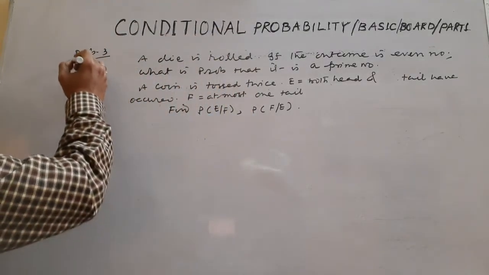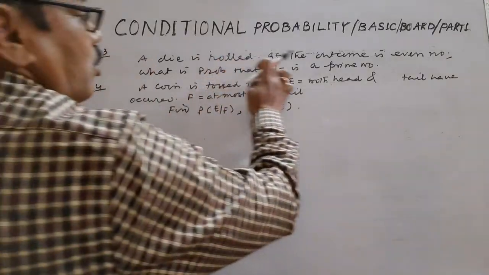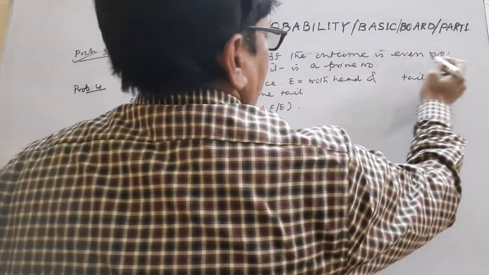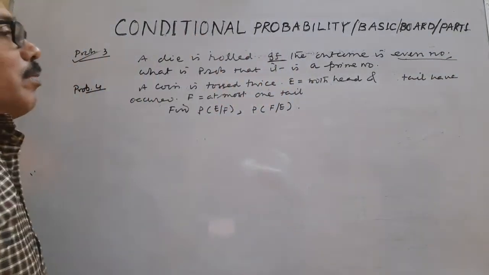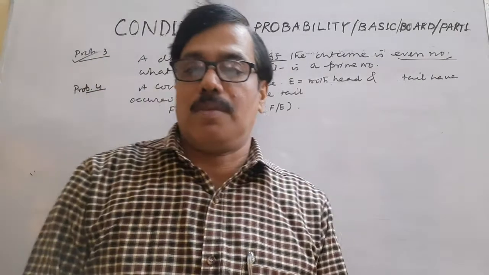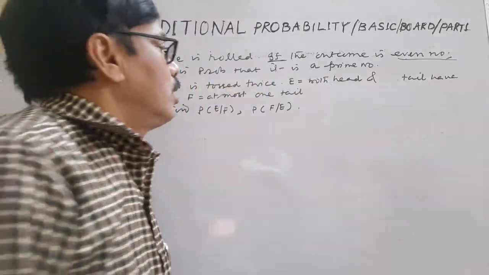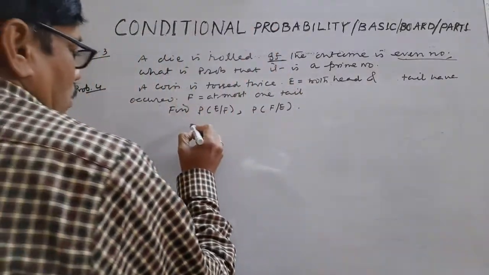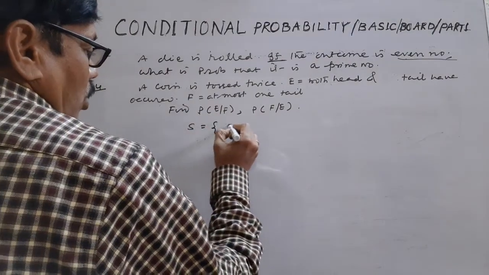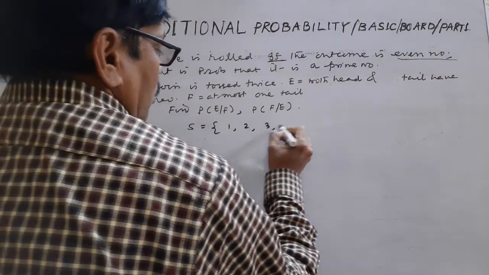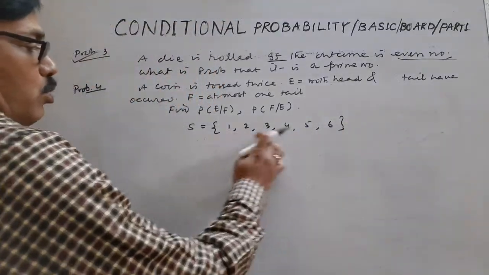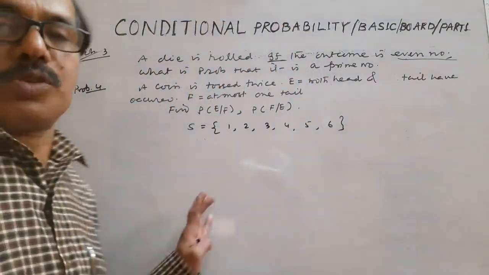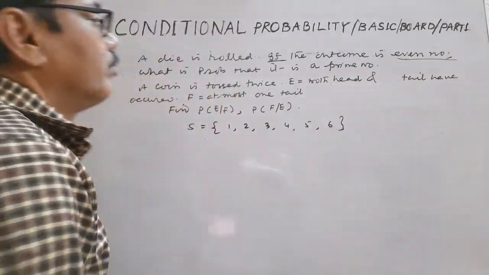So problem number 3. A dice is rolled. If the outcome is an even number, then what is the probability that it is a prime number? This is a 1 mark problem. So S is 1, 2, 3, 4, 5, 6: 6 possible outcomes.